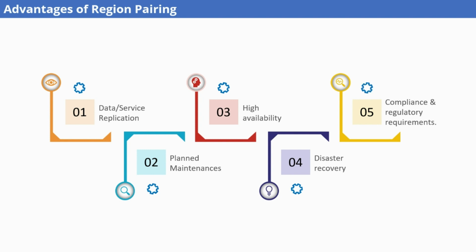Some organizations are required to store data in specific geographic locations for compliance and regulatory reasons. By using region pairs, it can help organizations to meet these requirements while still providing the benefits of replication and disaster recovery. And so these are the five key advantages of having region pairing.